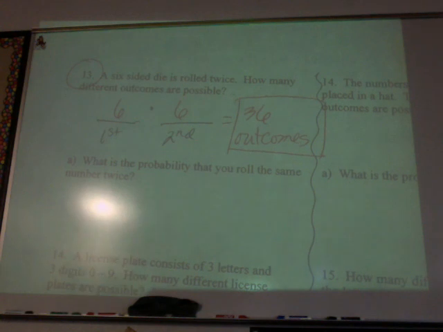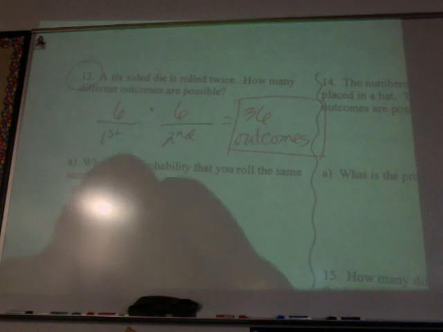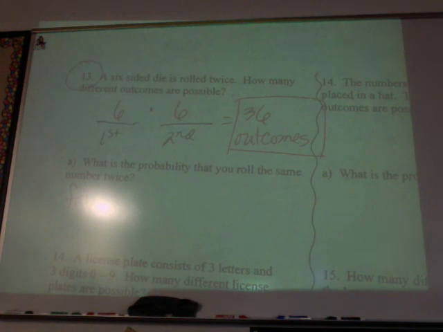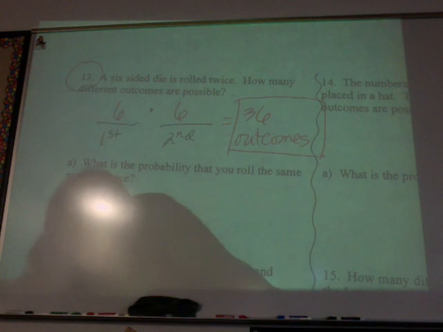Okay, so we have to think out of those 36 outcomes. So again, we're going to do favorable. Well, we could do it 2 different ways. We could do total favorable, or all favorable over total.